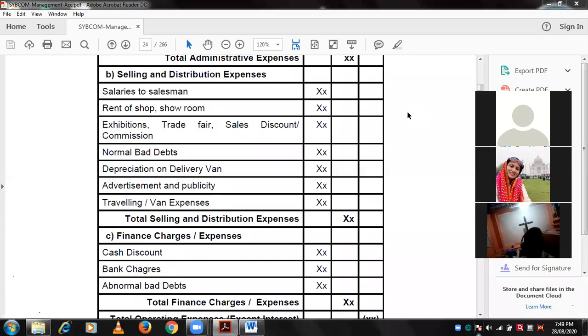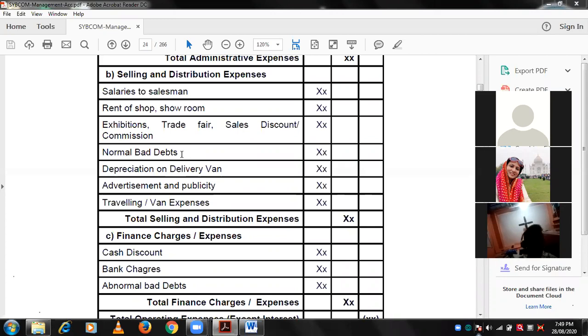That may be van expenditure, van petrol charges, or courier charges, movers and packers charges. All these expenditures come under the distribution expenses. So selling and distribution expenses come together, and we have to write here all those related expenditures.